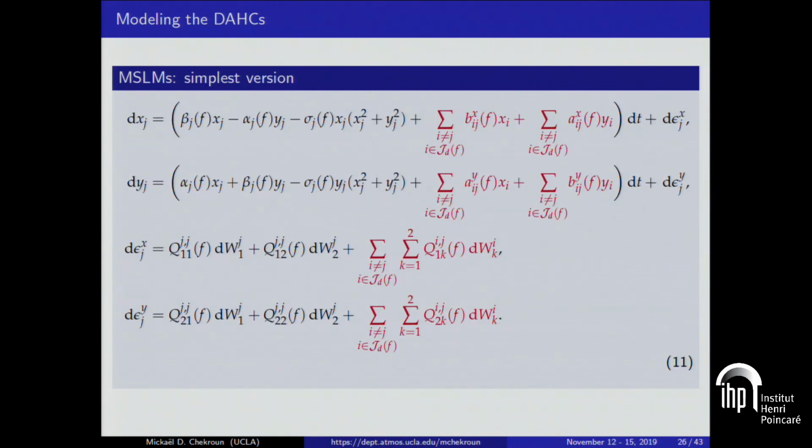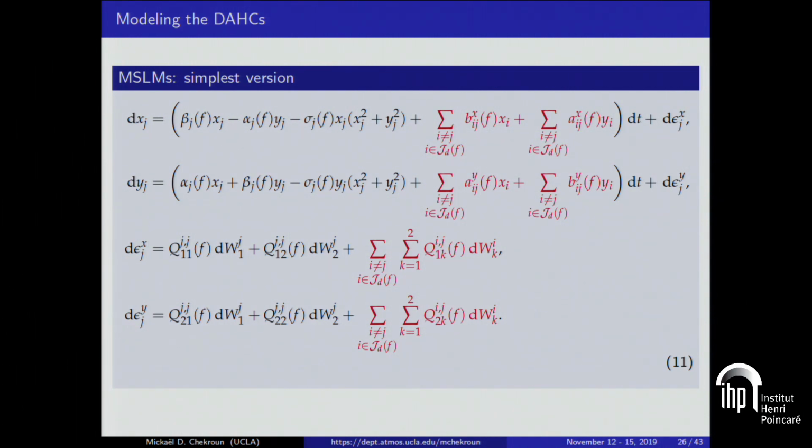At a given frequency, if you go back to real variables, you will have here the Hopf bifurcation that you see here, and then these terms that couple the other DACs at the same frequencies. Then you have a residual. This is the noise here, and you have a covariance matrix, and you couple them again at the same frequencies.